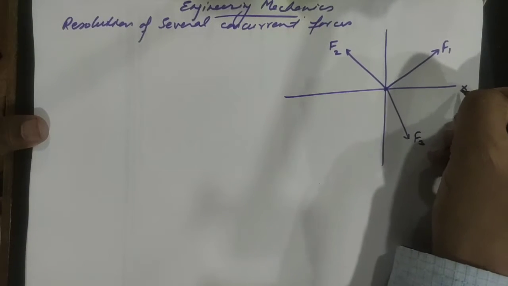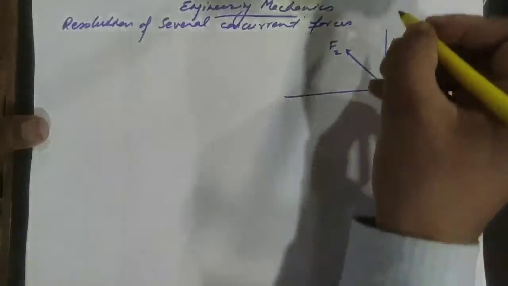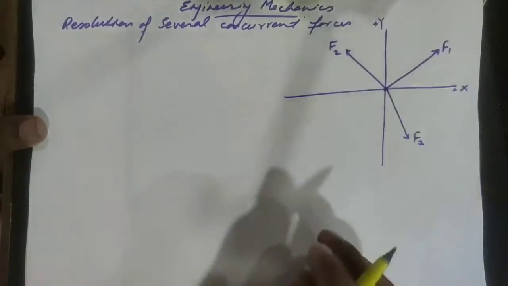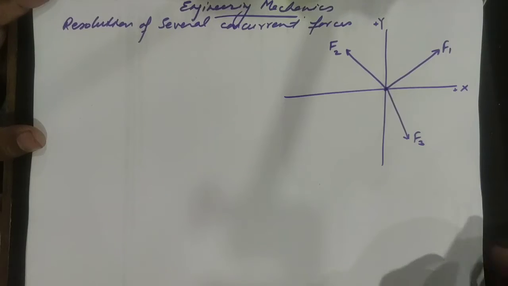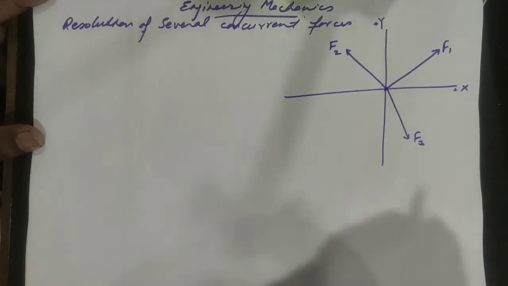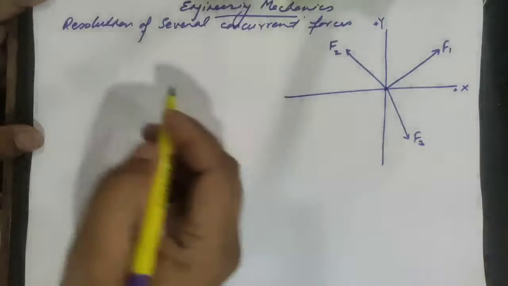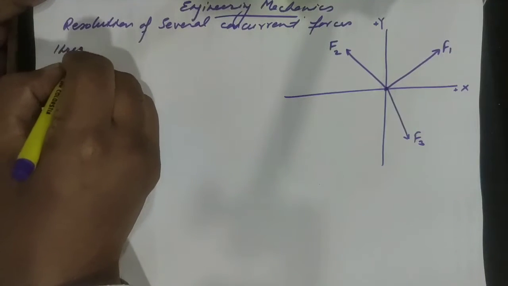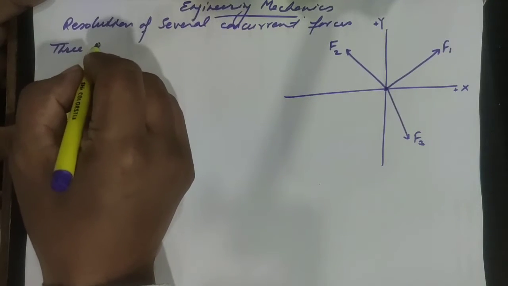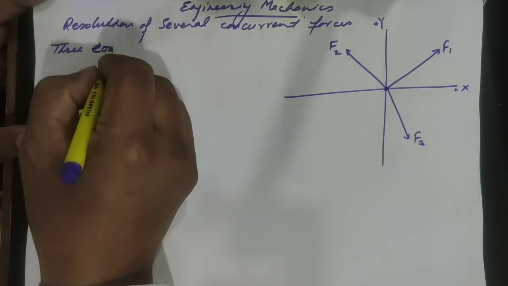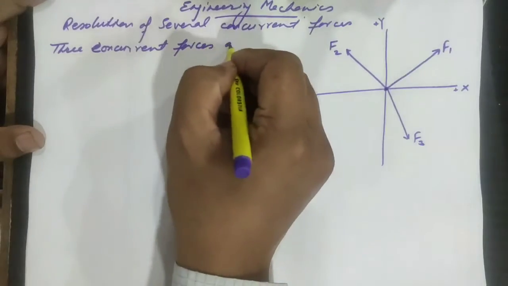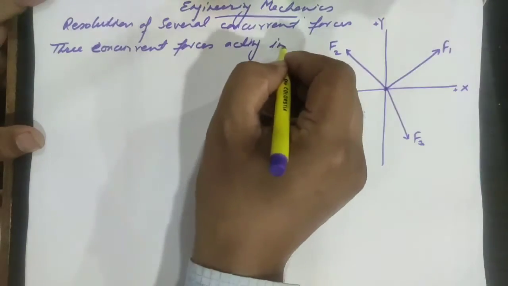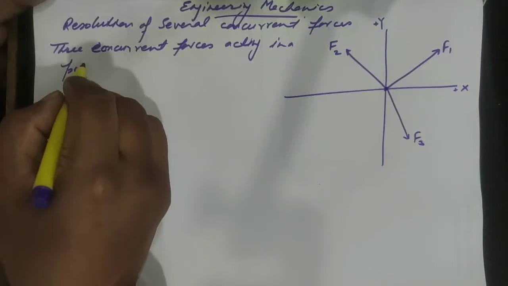This is positive X, this is positive Y. The three forces are acting on that point, the origin of the coordinate. So three concurrent forces acting at a point.